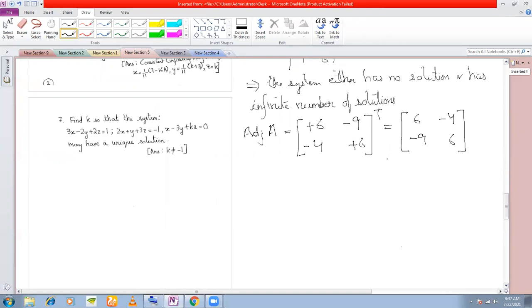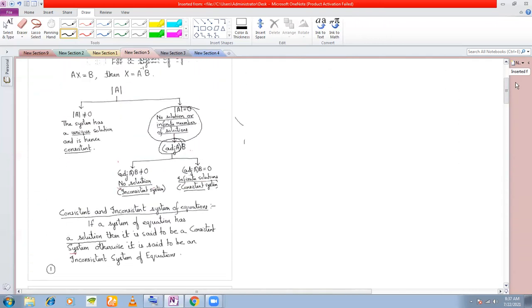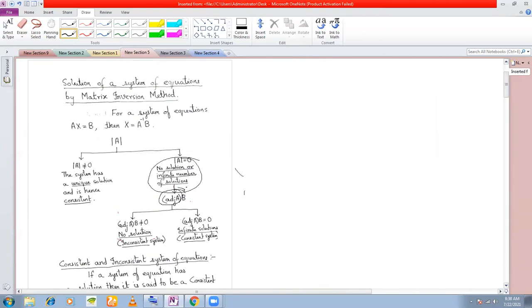Okay. Now we shall find out adjoint of A into B. If you look at the chart here, we have found out the adjoint. We now find out the adjoint of A into B and check whether it is non-zero or whether it is equal to 0.